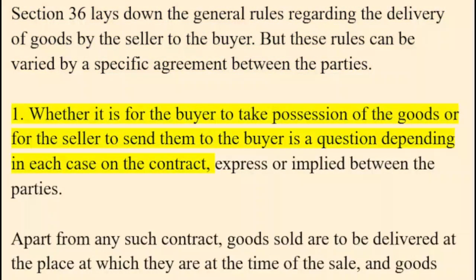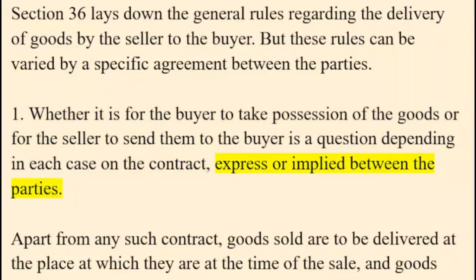1. Whether it is for the buyer to take possession of the goods or for the seller to send them to the buyer is a question depending in each case on the contract, express or implied, between the parties.